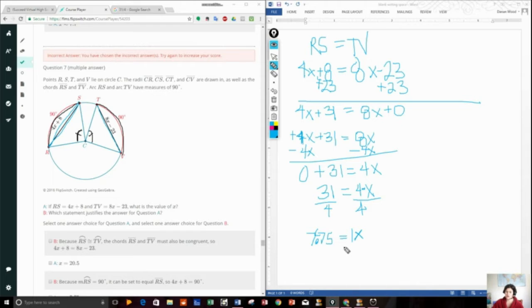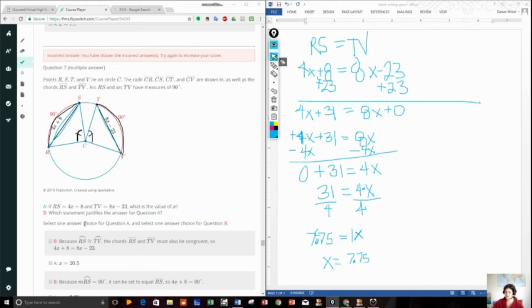So our value of x is equal to 7.75. Alright, now it asks what is the value of x and which statement justifies the answer for question A.